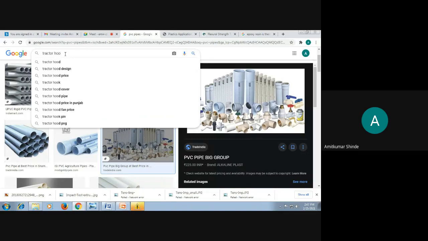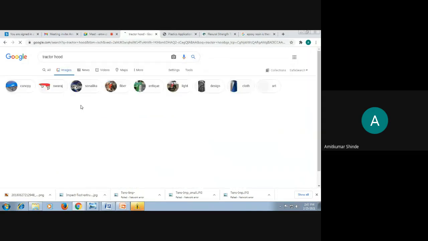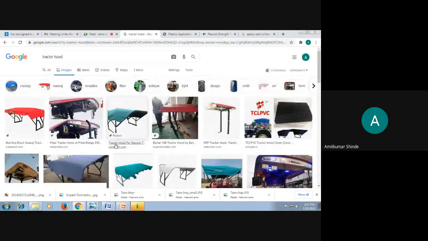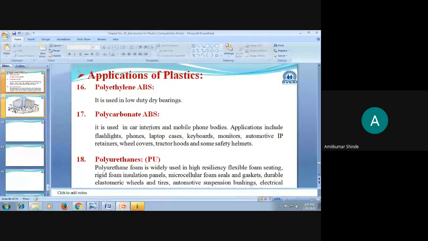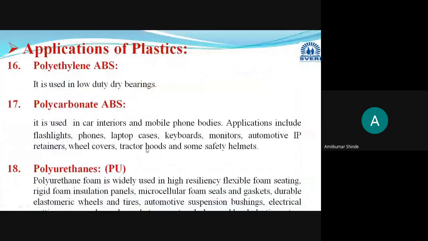Tractor hood. Okay, this tractor's top surface, this is the tractor hood. You can say that it is the top surface. Okay, this is made from polycarbonate ABS.